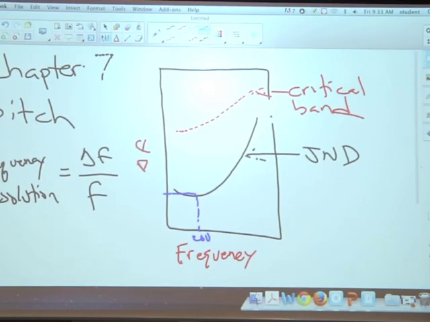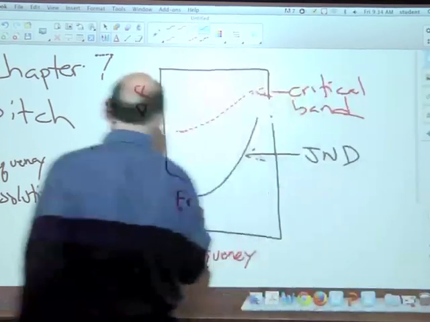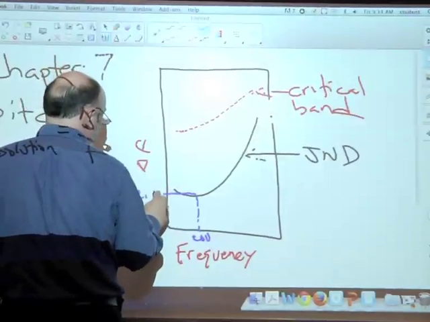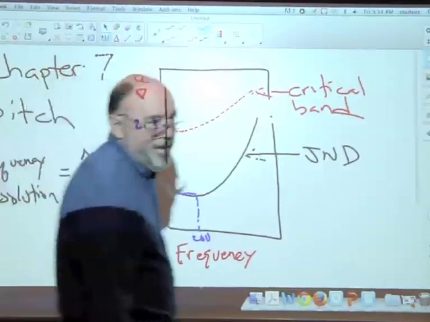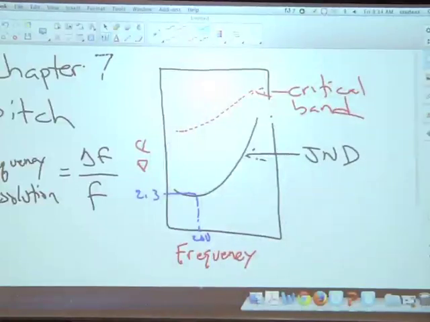And again, given the scale, you're sort of going to have to give or take a bit, because the scale's not that great. So you're better than 2, but not quite 3. So you pick a number somewhere in that range. So you'd say, let's go 2.3 or so. Pick a number, really. Now, if you go all the way up to the critical band number, what does that correspond to?